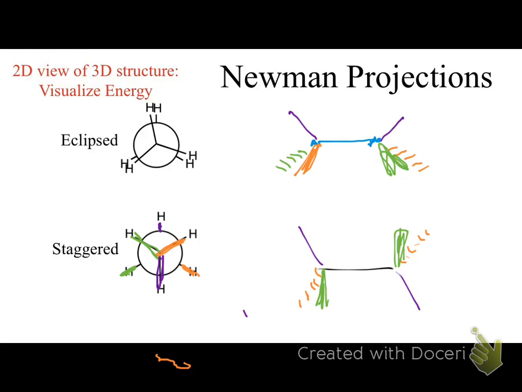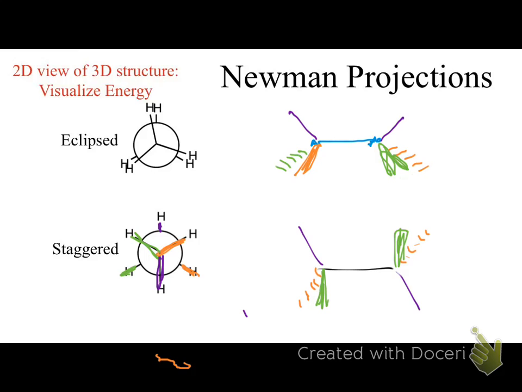When you look at it from the end, each of these lines represents a bond, which is electrons. All electrons want the most space possible, so they're going to try and repel away from each other as much as possible. These electrons may be a reasonable distance away from each other, but if we spin that back carbon, I can give that pair of electrons a little bit more breathing space.